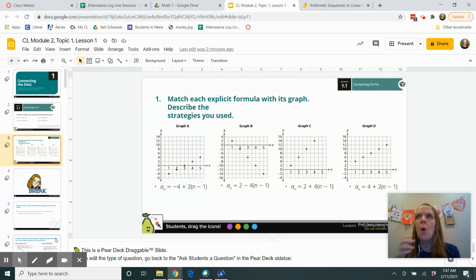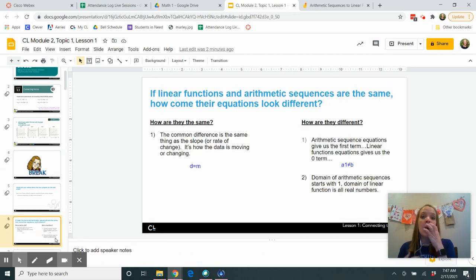Okay. Well, if an arithmetic sequence and a linear function are the same thing, how come their equations don't look alike? Well, let's talk about that. They kind of have some similarities. If you have an arithmetic sequence equation, you have a D, a common difference, right?